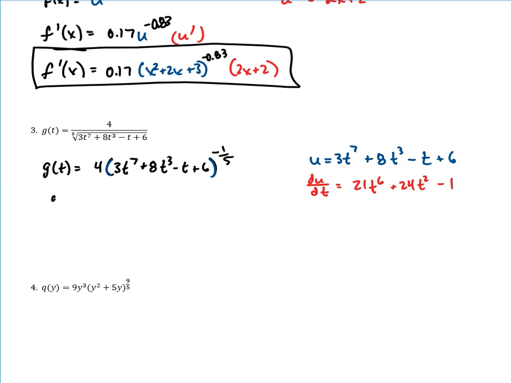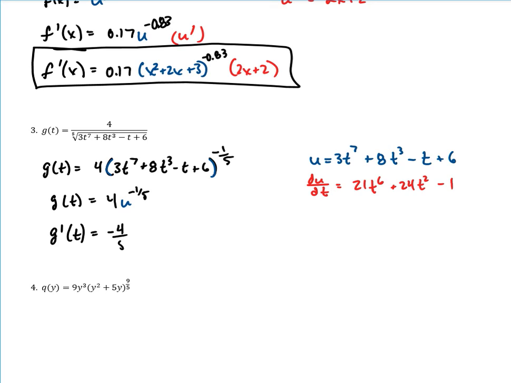And then now I can go back to my original equation and rewrite it as g of t equals 4 u to the negative 1/5. Okay, so the u got subbed out. And then now I can use my power rule again. So g prime of t is equal to, the power rule tells me the negative 1/5 times the 4.